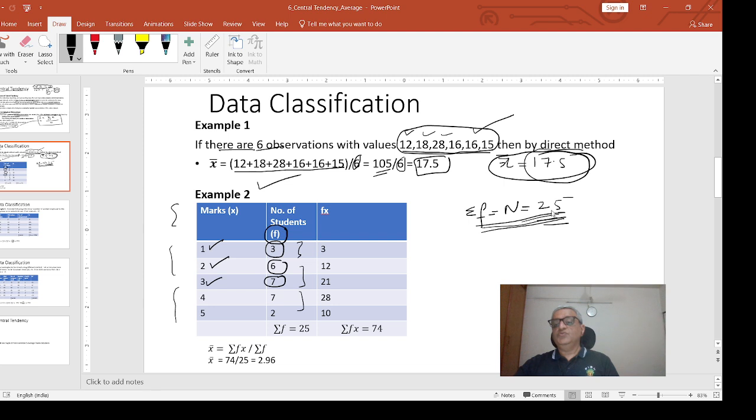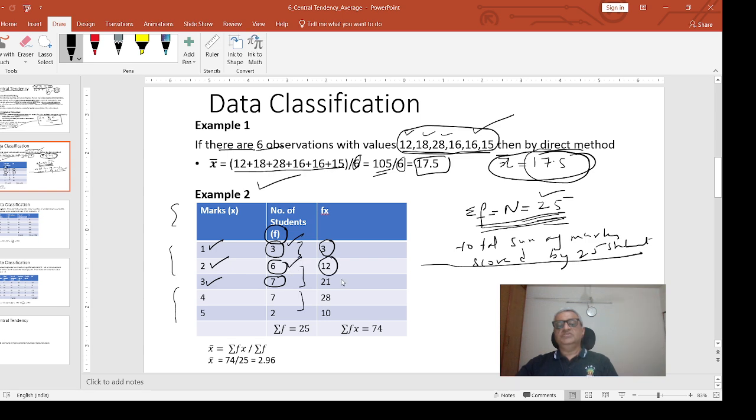Now I have n. What I need is the total sum of marks scored by all 25 students. So how do I get that? 1 mark scored by 3 students, so 1 multiplied by 3 is 3 marks scored by these 3 students. 12 marks are scored by these 6 students, 21 marks by these 7 students, and so on.